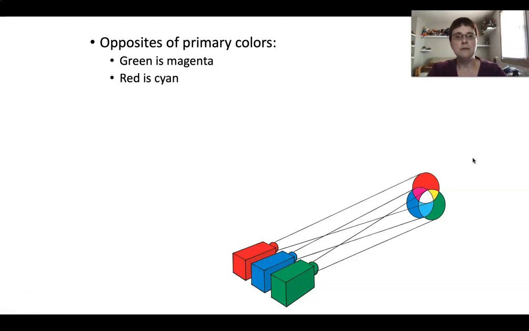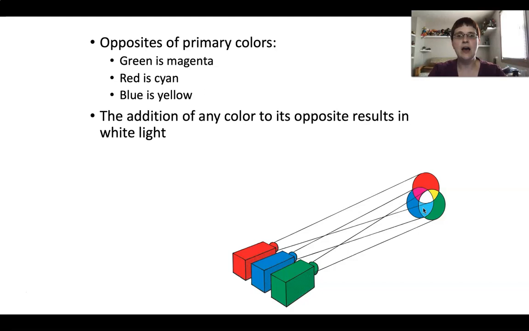So the opposite of red is cyan, because it's the combination of the other two, and the opposite of blue is yellow. Like I said, the addition of any color to its opposite is going to result in white light, because the opposite color is a combination of the other two colors that would make white light if they were combined anyway.